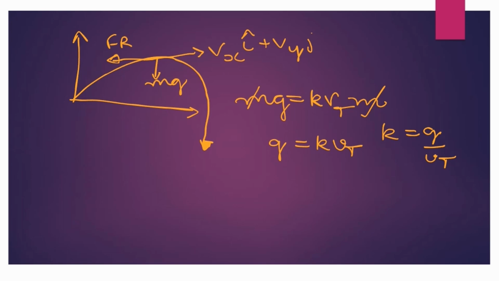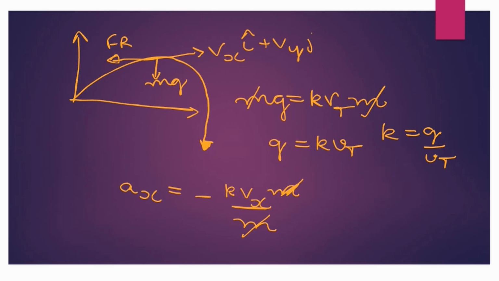Now let's consider along the x-axis first. a_x is equal to minus F_x, that is nothing but minus viscous force, let's say minus k v_x into m by m. So simply the horizontal acceleration becomes minus k v_x.